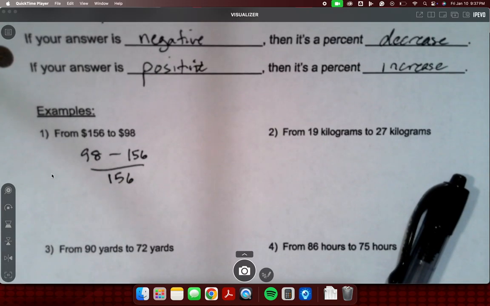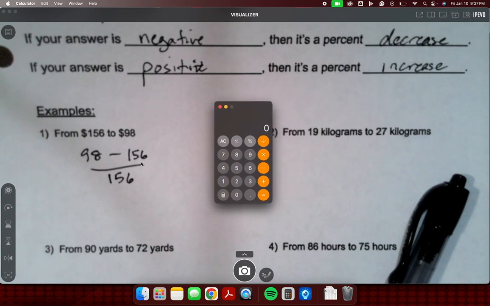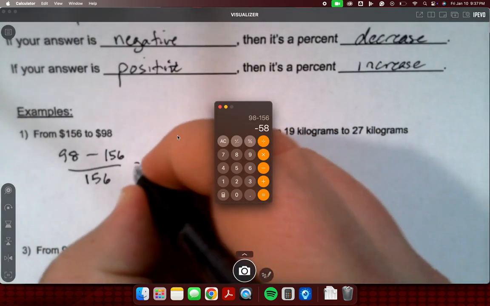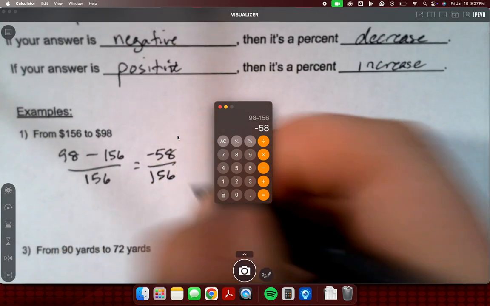Now, when you do this in the calculator, your calculator is a little different than mine, I know that, but I would encourage you not to type this in all in one line. There are ways to do it correctly on one line using parentheses, but I'd recommend you just do 98 minus 156, then hit enter. So you don't have to write this stuff if you don't want to, but now we see it's negative 58 over 156.